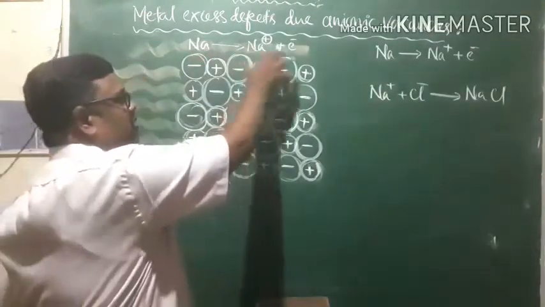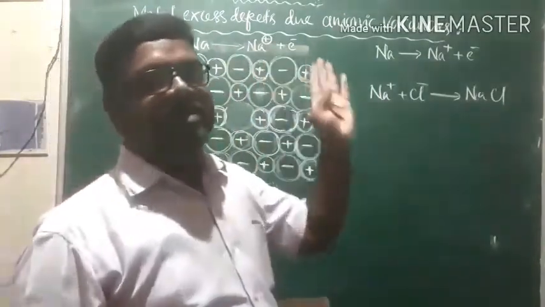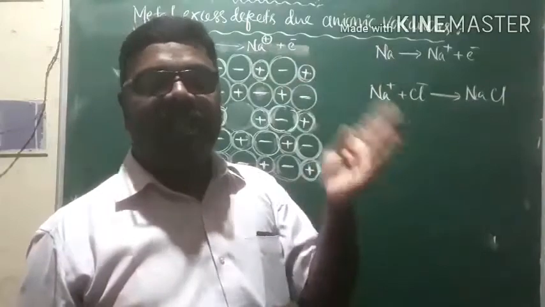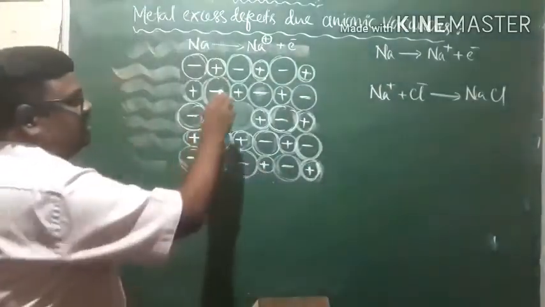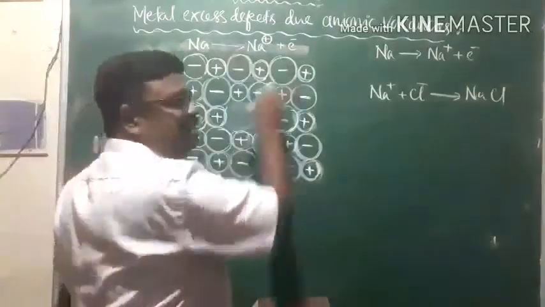As the total number of anions decreases, naturally there will be a difference in the total number of positive and negative charges. The number of negative charges decreased, the number of positive charges increased.